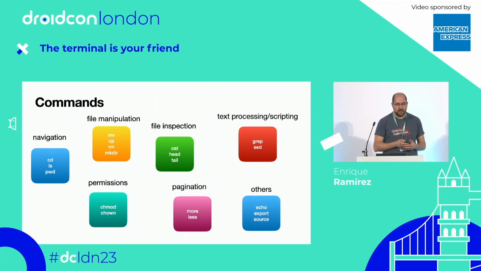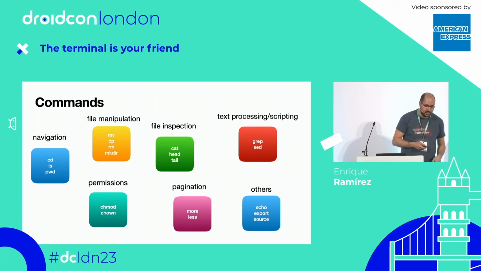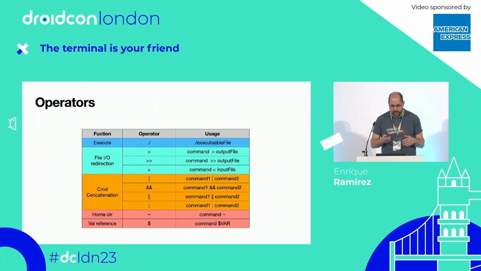You might want to have something like more or less. Then if you get into scripting, you might get into grep. I love grep. It does some filtering, and you can pass many arguments to it. And then if you get into more advanced scripting, sed is probably your friend there. Then you have others like echo, export, source.